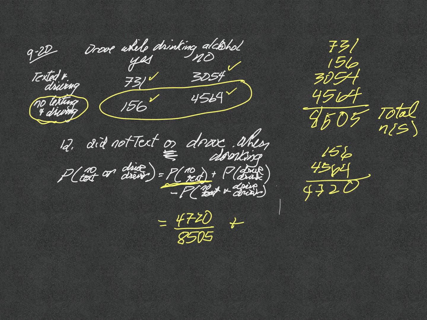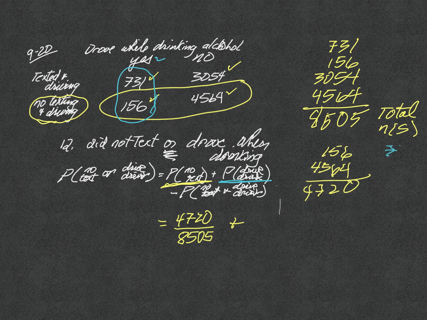Okay, so now we move to the next one. And the next one is we want the probability of those who drive while drinking alcohol. And so that would be the yes group here. So that would be this group of people who actually drove while drinking.